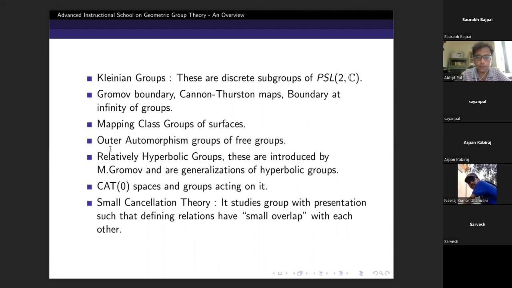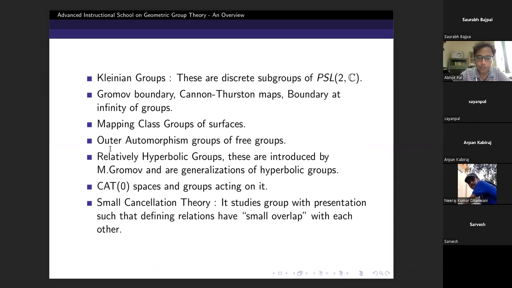Something related to it is called Cannon-Thurston maps. Suppose you have two hyperbolic groups H and G, with H embedded in G. The Cannon-Thurston map is the continuous extension of the inclusion of H into G to its Gromov boundary. Okay.